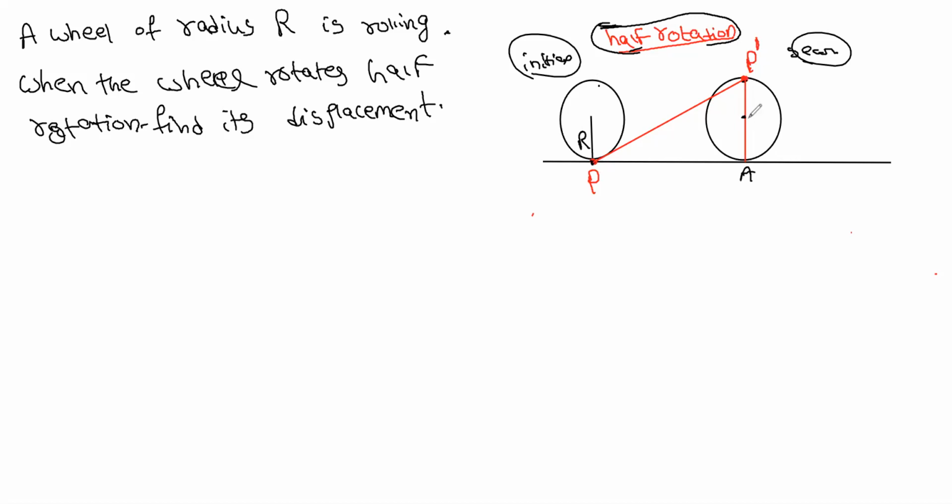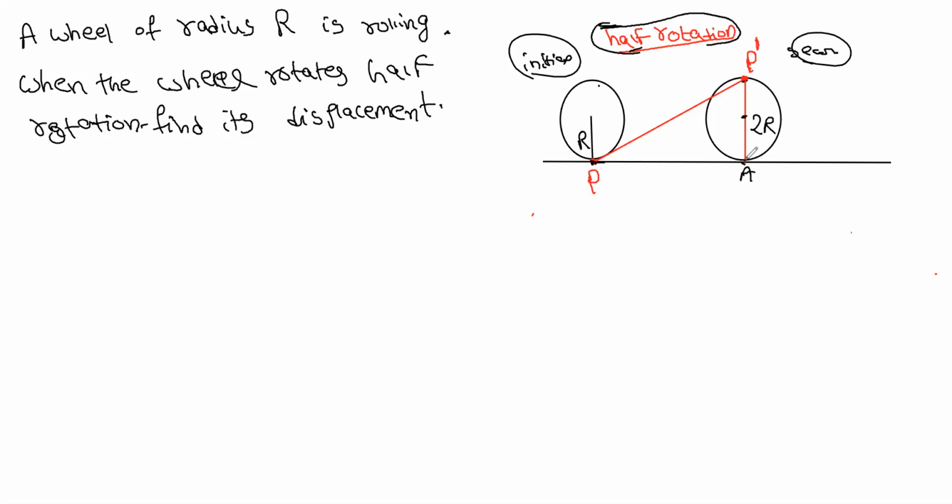It is the diameter. They have given the radius as R, so this becomes 2R. Now if we know what PA is, then we can find PP dash using the Pythagoras theorem, because PP dash is the hypotenuse.